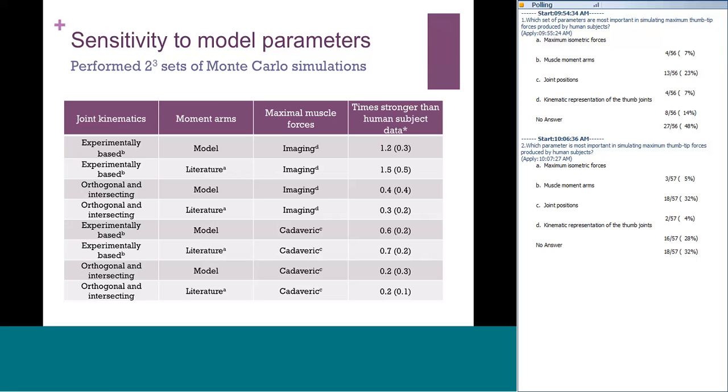So clearly, incorporating imaging data that has muscle volumes that are representative of the population you want to study is something that we consider very important. I find it interesting, though, that if you look at the results, we still could produce bigger forces with cadaveric data than we could if we just replaced the joint kinematics.